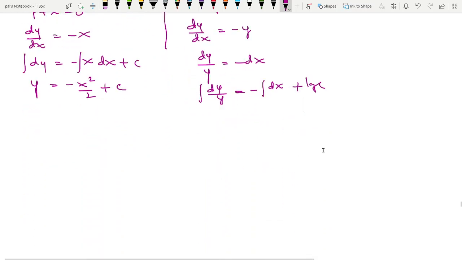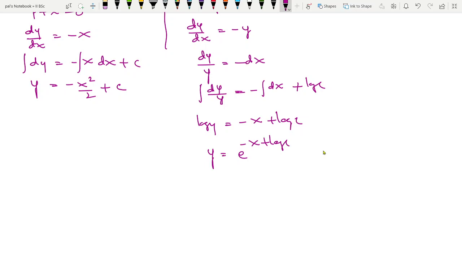Now integration of 1 by y is log y. Log y is equal to minus x plus log c. So to remove this log, you take y is equal to e to the power of minus x plus log c. y is equal to e to the power of minus x into e to the power of log c.